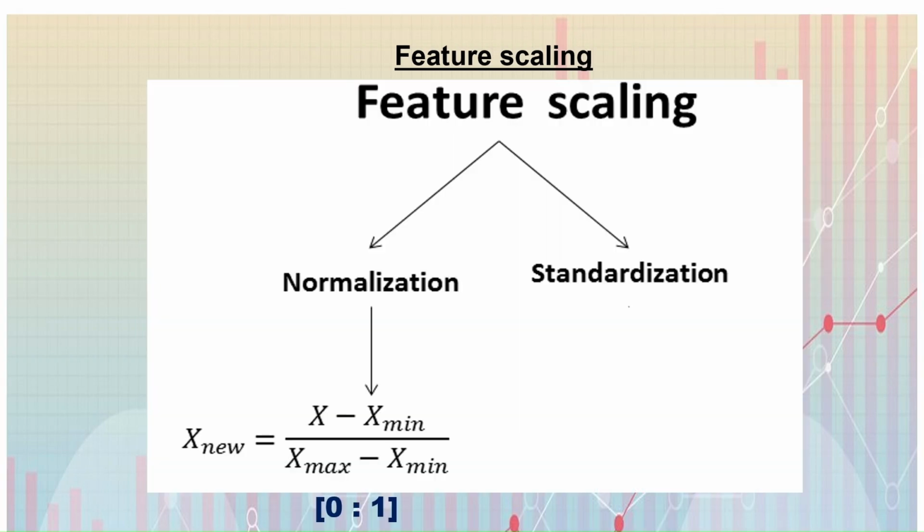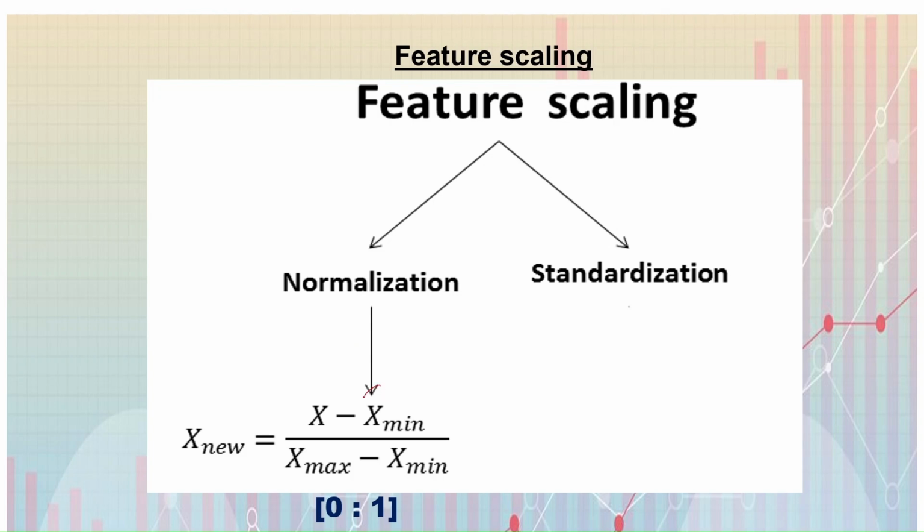There are multiple techniques of feature scaling. We can look at two main ones: one is normalization and the other is standardization. Normalization is the process of taking the minimum inside the column, subtracting the minimum from every single value inside the column, then dividing by the difference between max and min.